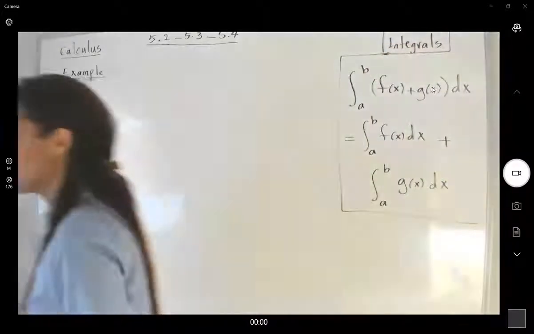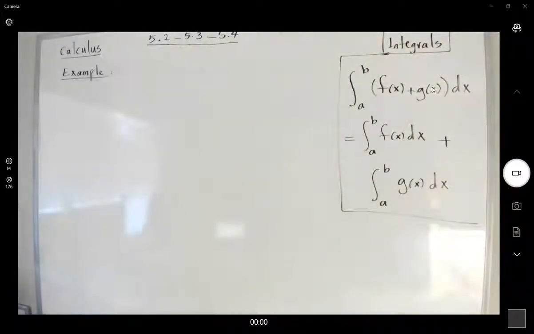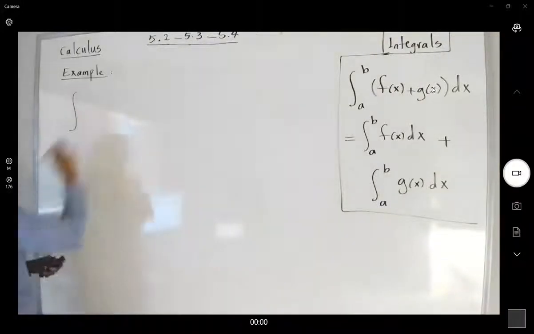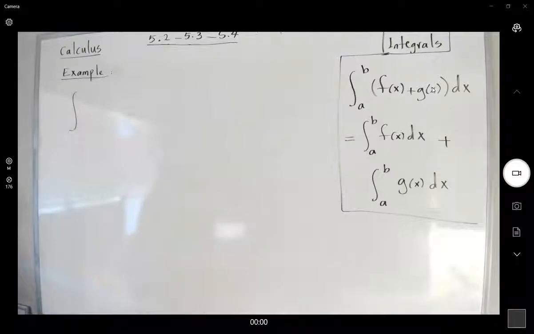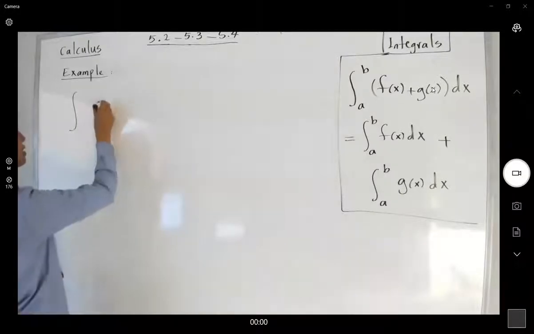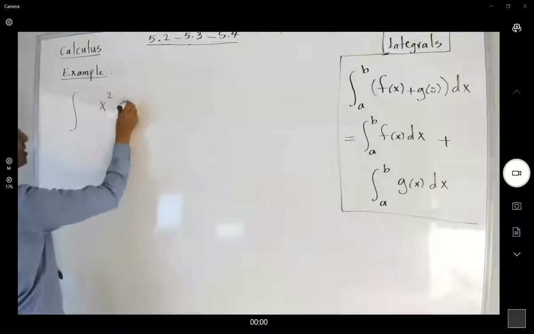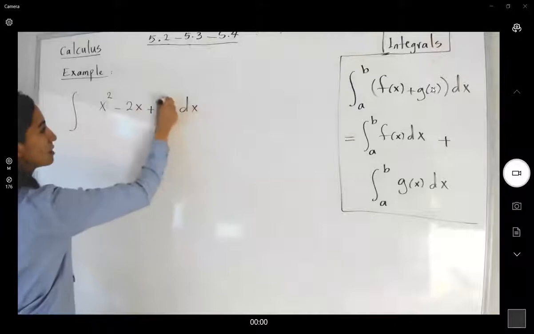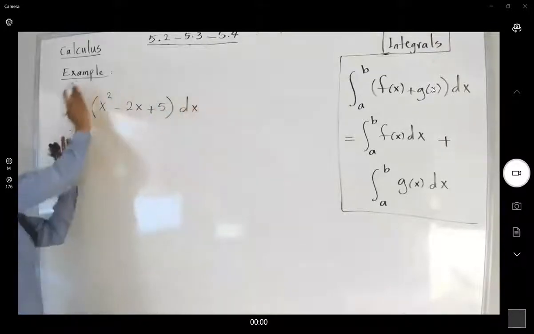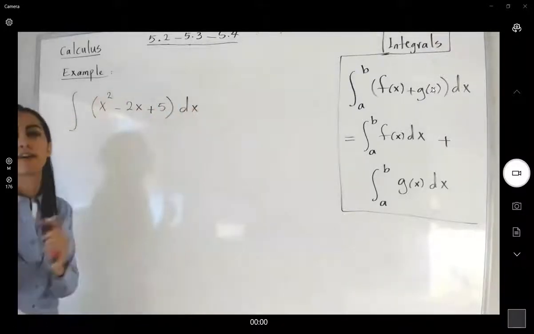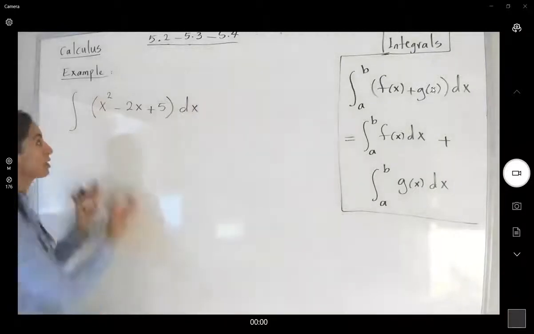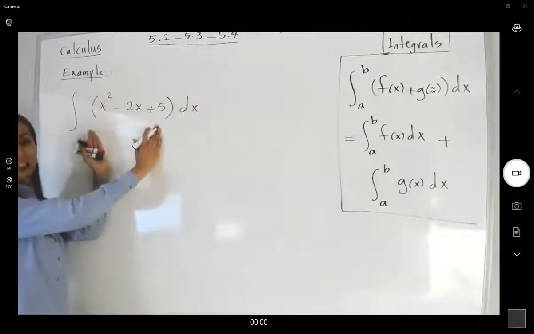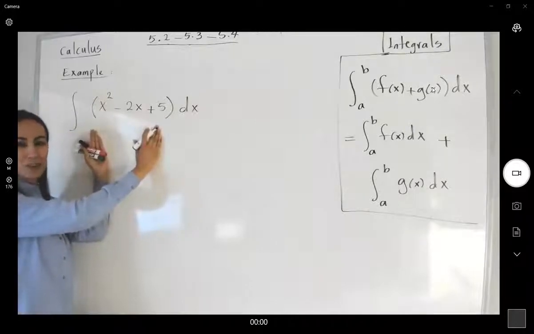For example, suppose I ask you to calculate this integral. The integral of x squared minus 2x plus 5 dx. Suppose I don't ask you to find any definite integral, just find the antiderivative of this function here, which is a quadratic function.